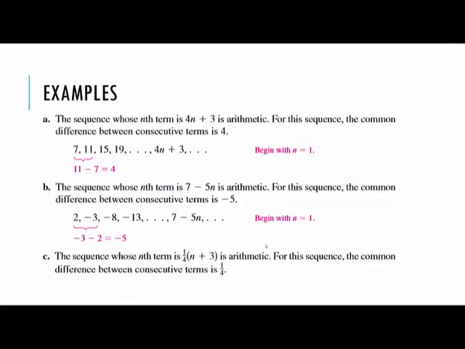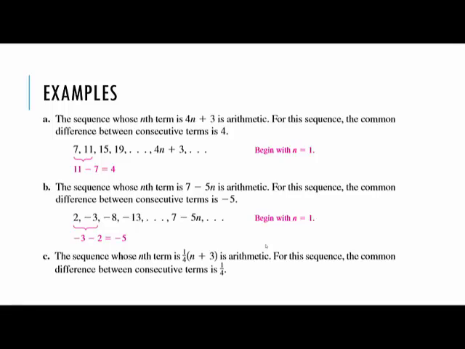Some examples. So let's say the sequence whose nth term is 4n plus 3 is arithmetic. For this sequence, the common difference between them is 4. So 7, 11, 15, 19, and so on and so forth. Every one of them is going to be 4n plus 3. In other words, it started with 3, and then it goes up 4, and up 4, and up 4.